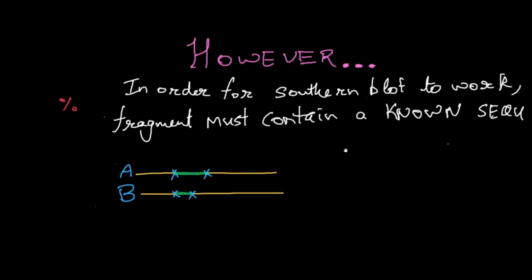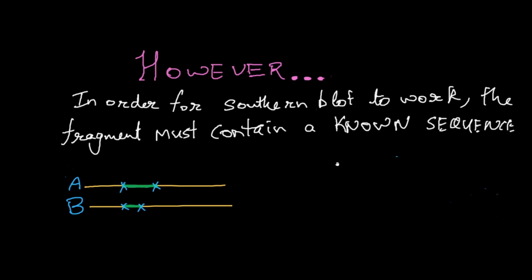But this is our ideal scenario. Now we have to awaken to the practical constraints that we are actually working with, and the constraint here is that in order for Southern blot to work, the fragment must also contain a known sequence, right? That's what we just discussed, which is that Southern blot lets us selectively visualize a fragment with a known sequence.